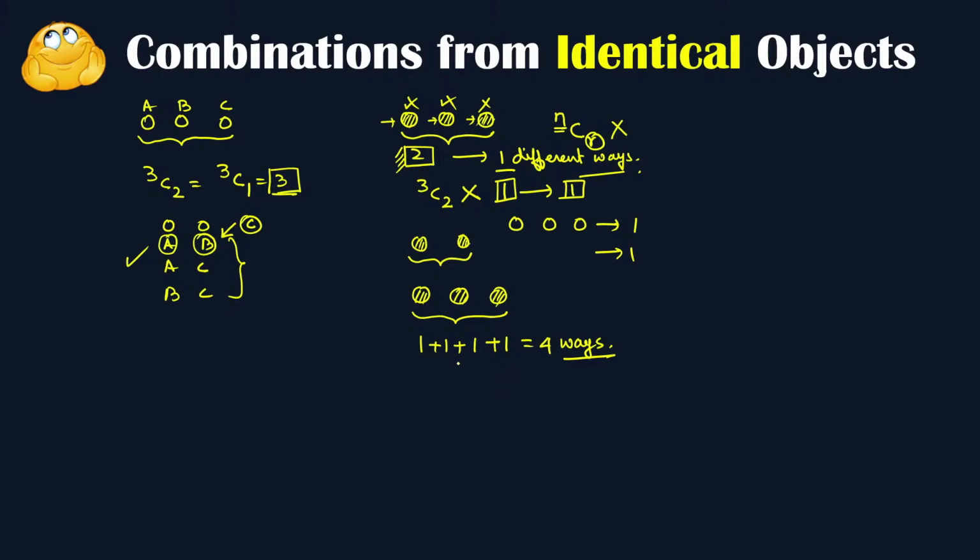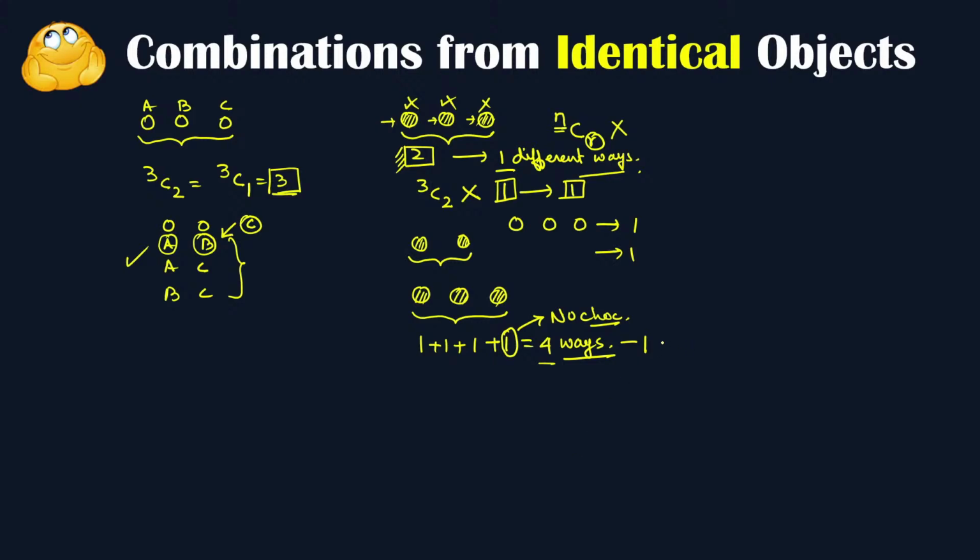Now if I give a little twist in this problem and say that at least 1 chocolate you have to give, in that case you will say, sir, this one I have added, this was the way where I have given you no chocolate. So now what I am saying is that at least 1 chocolate you must give. So I will simply subtract that one way from this total.